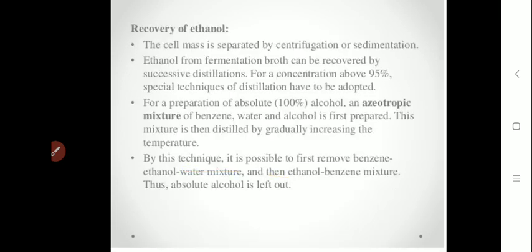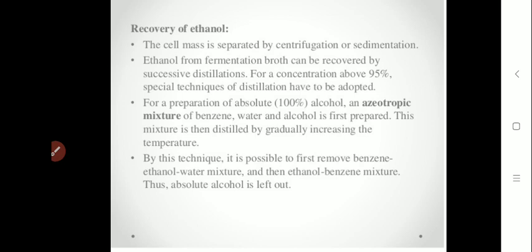Once the fermentation process is completed, we go for the recovery of ethanol, which is the separation and purification of ethanol. The cell mass or the organisms present in the broth are separated by centrifugation or sedimentation.